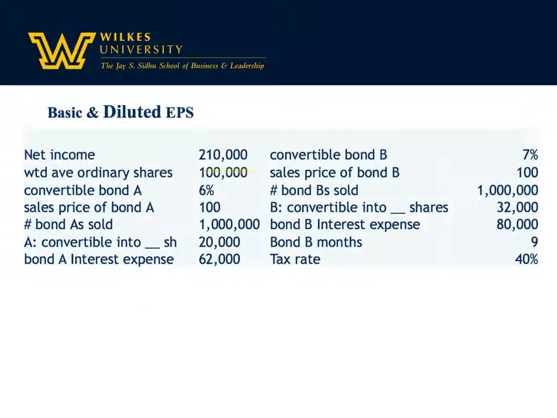We're not taking into consideration what happens if the shares are converted. So in its most simple form of earnings per share, we would have one set of stock, one number for weighted average of ordinary shares. And that's what we're going to use for this example. But just to be clear, our numerator for the simple earnings per share is net income available for the common shareholders.